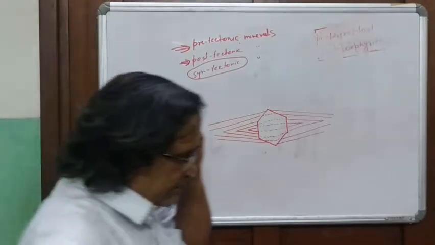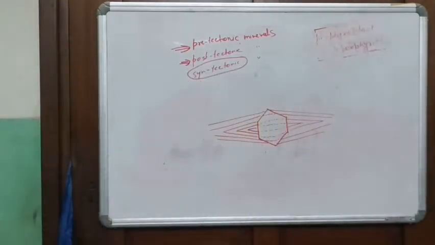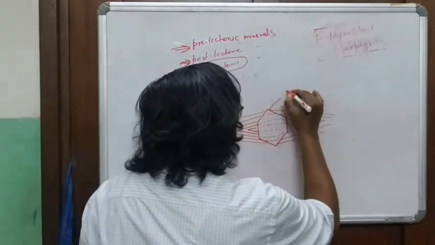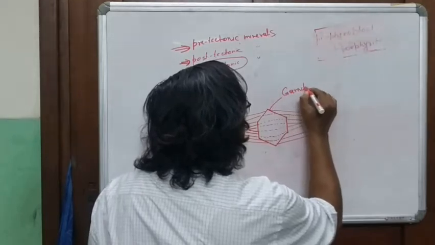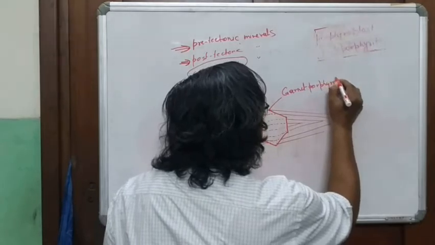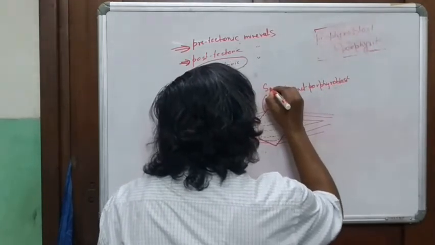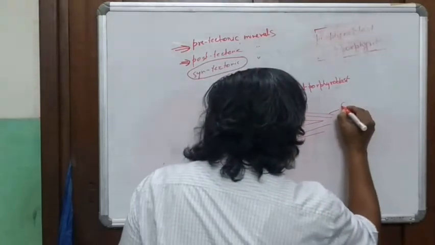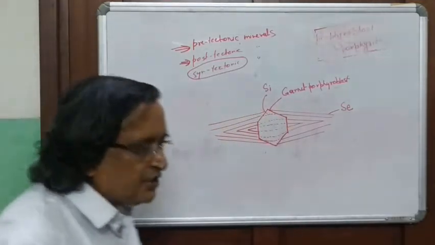This is an interesting texture. There are several important things you must remember here. This I have drawn as a garnet porphyroblast, with inclusion trains. And this is the matrix inclusion train or the external schistosity.